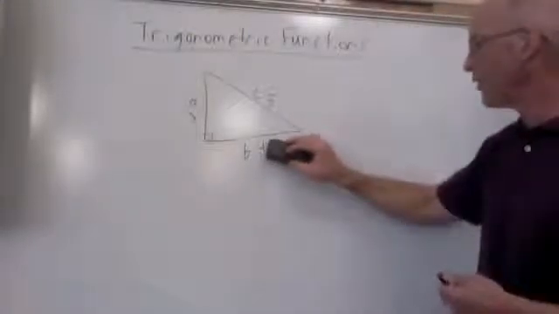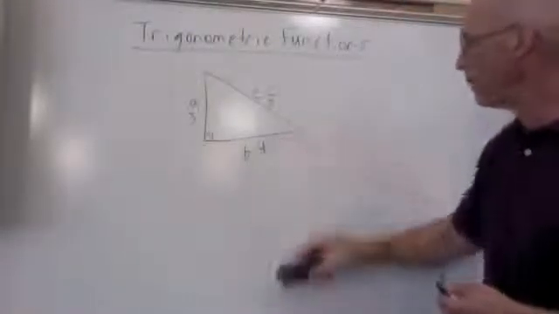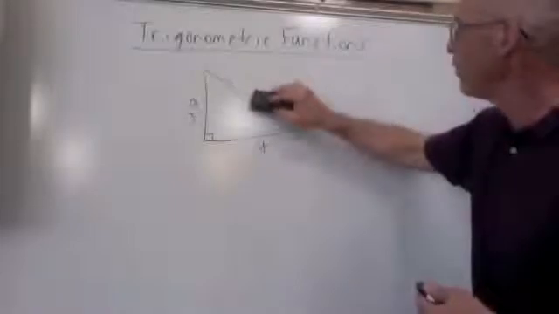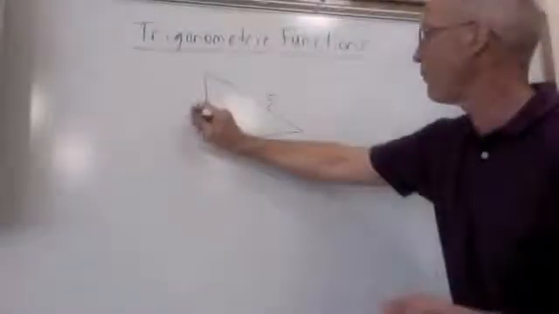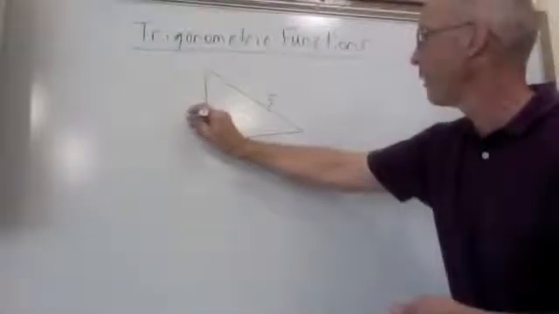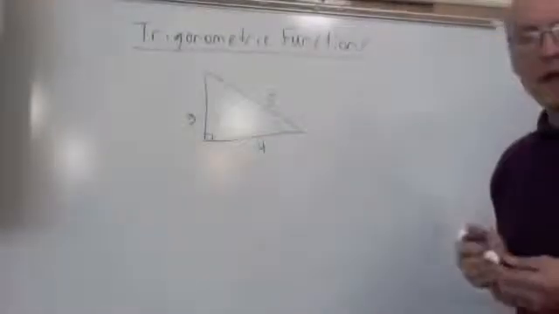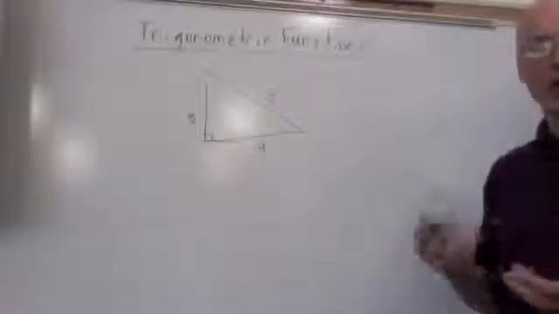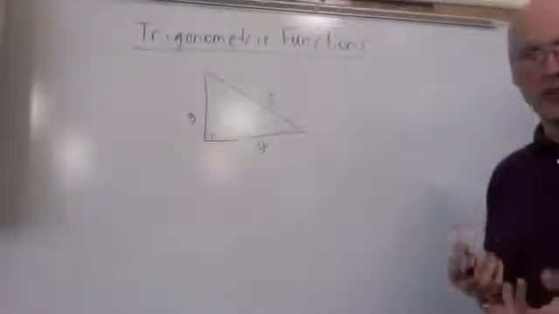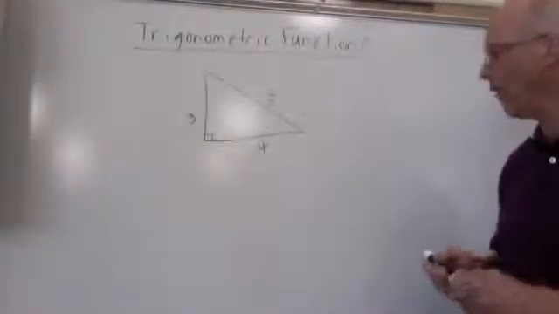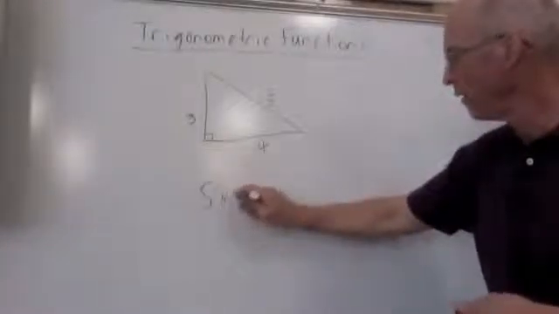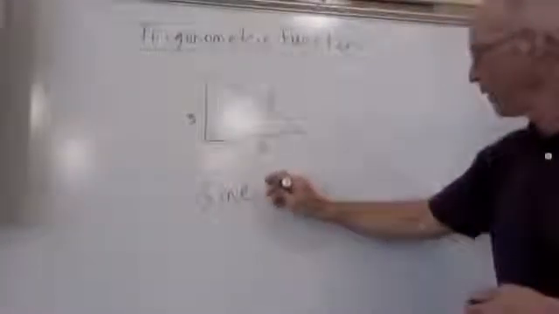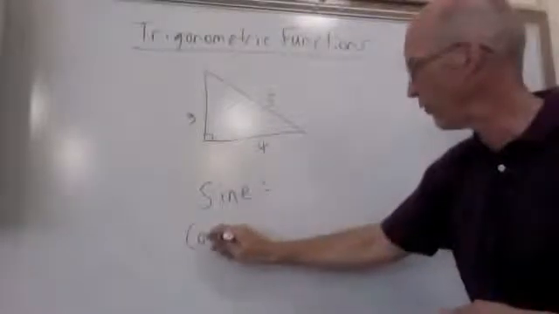Let's do this practically a little bit here. So I'll get rid of the A, B, and C, just so it's not confusing. Let's say this is a 3, 4, 5 triangle. There are three main trigonometric functions that you're going to have to know. One is called sine. One is called cosine.